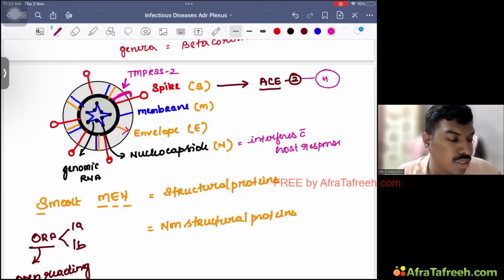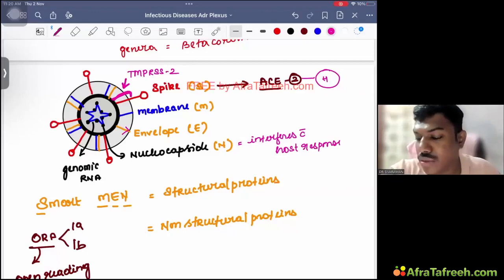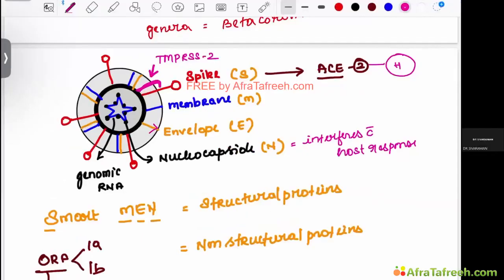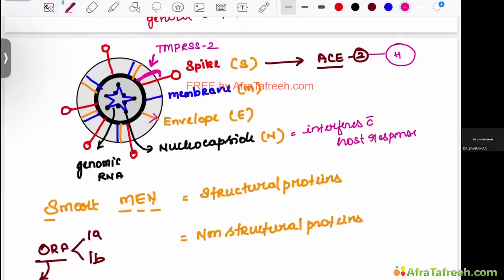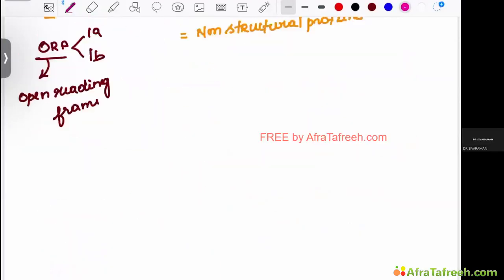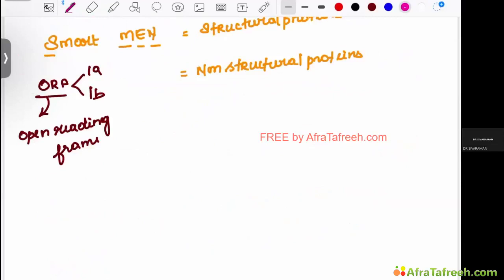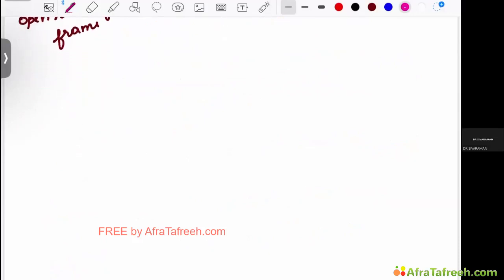This is a very important thing. So this is about the structure of the virus, and the structure is very important. With this we will go into the next part, the pathogenesis.